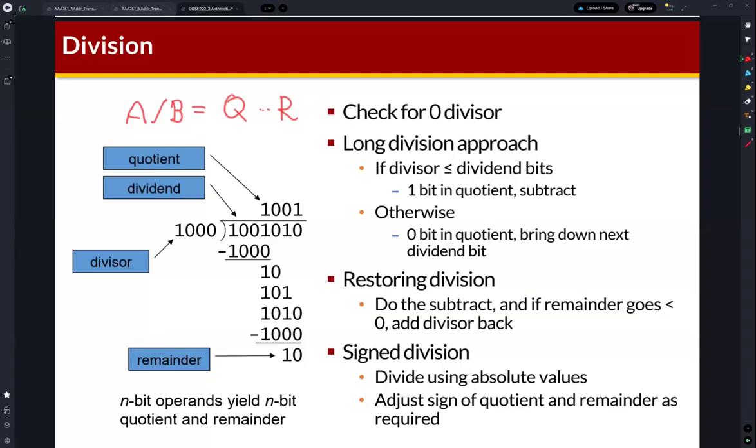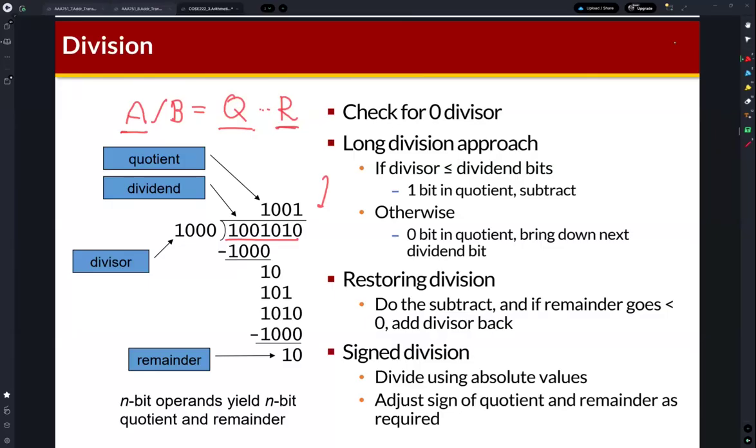So when two numbers are divided, the quotient is generated, and also the remainder. This is an example of division. Number A is divided by B. This number A is called the dividend, a number to be divided.